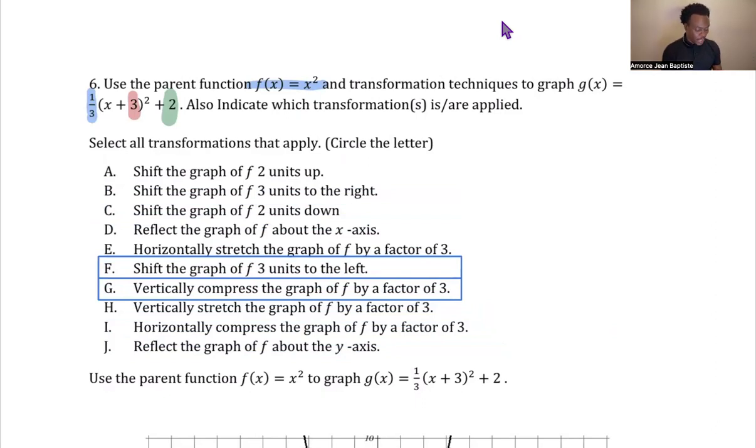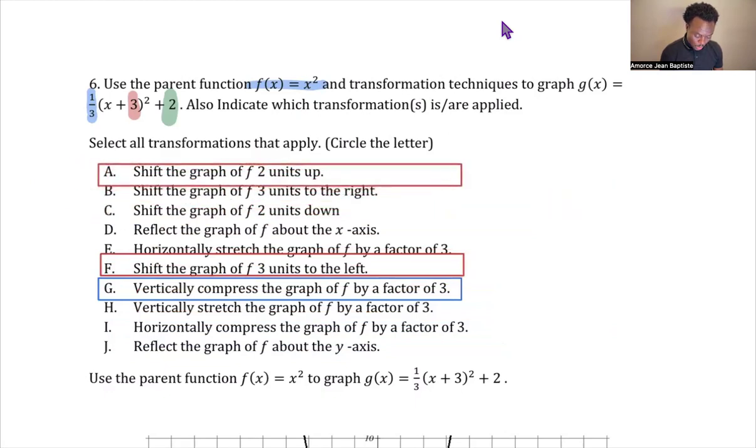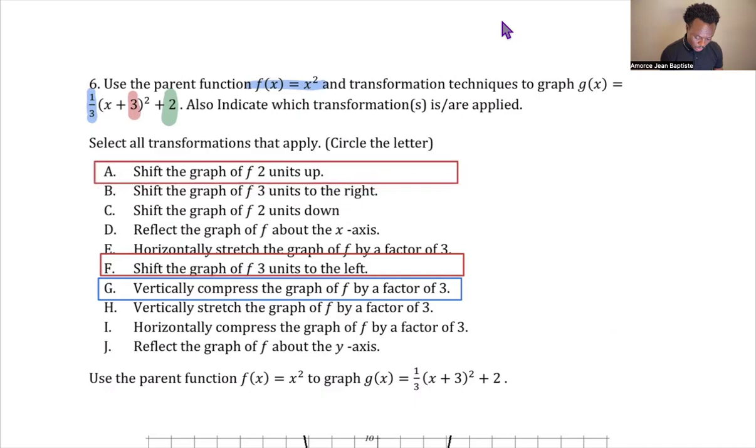And then the green is a shift up of 2 units.